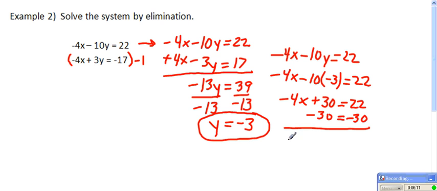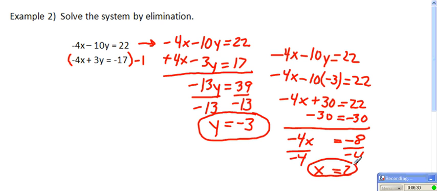Subtract 30 from both sides, and we get negative 4x equals negative 8, since 22 minus 30 is negative 8. Divide by negative 4, and we get x equals 2.